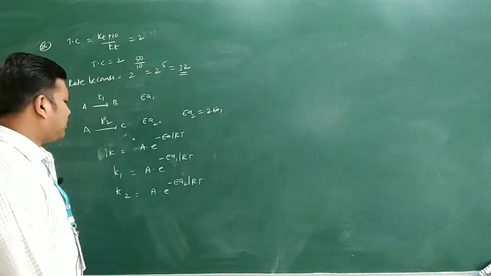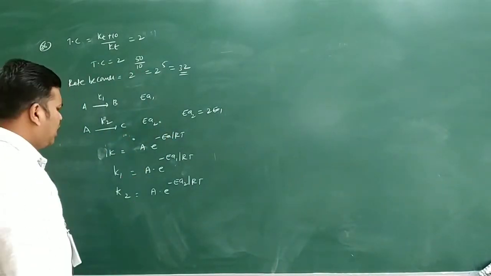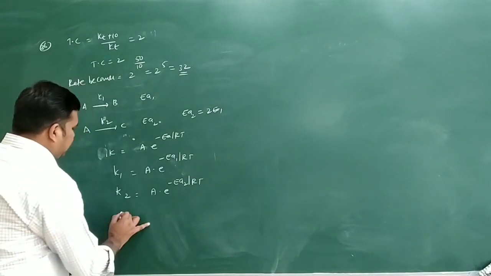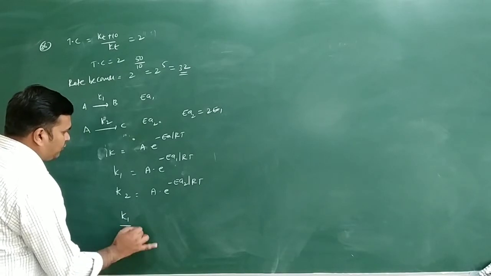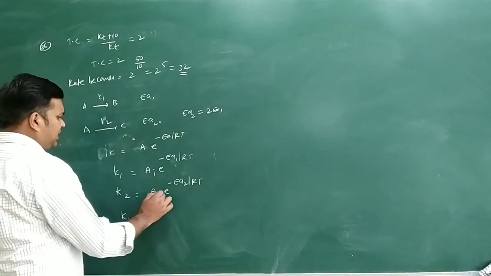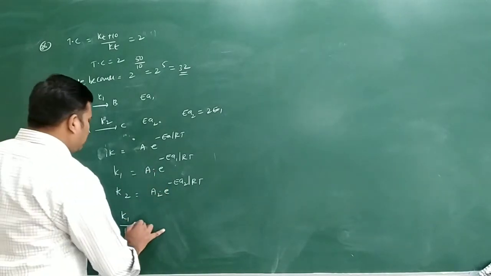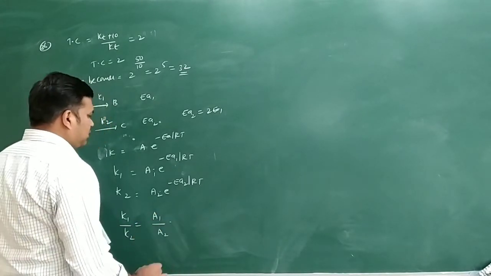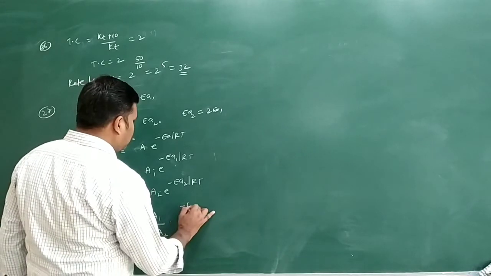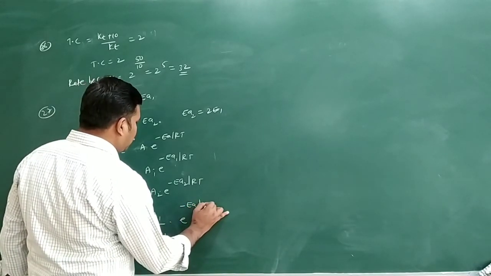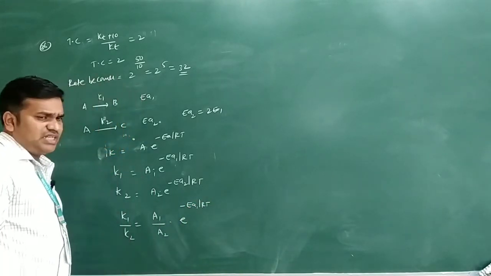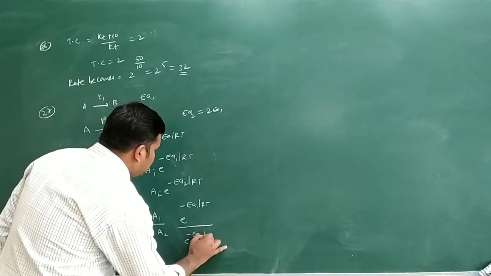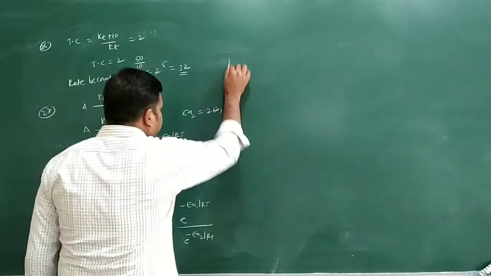If you take A as a constant, it will cancel. Now I will write K1 by K2. If you write the A1 factor, or you can write A2 also, no problem. Then you will get A1 by A2 into e power minus EA1 by RT, by e power minus EA2 by RT.